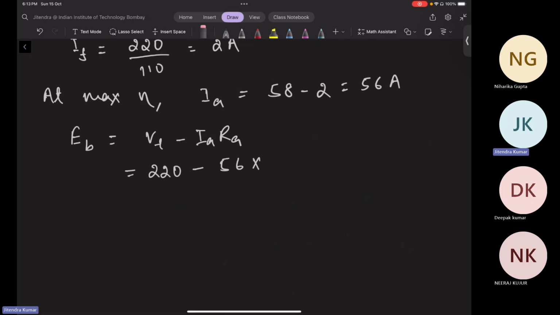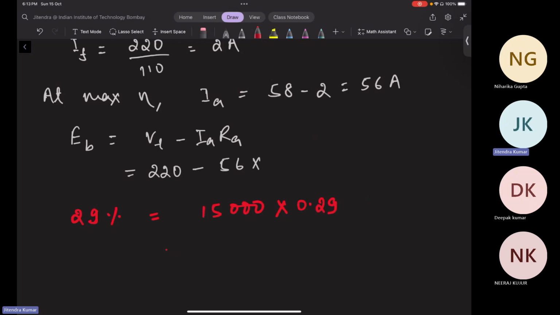So from that expression, let me find out the 29% of the loss. So 29% loss is equal to how much? 15 kilowatt into 29.